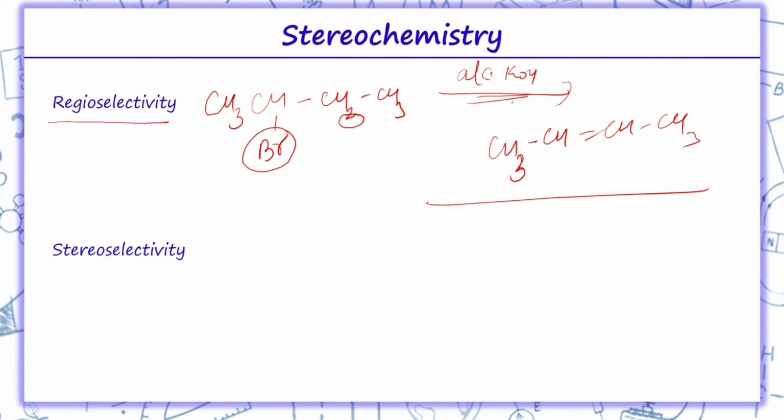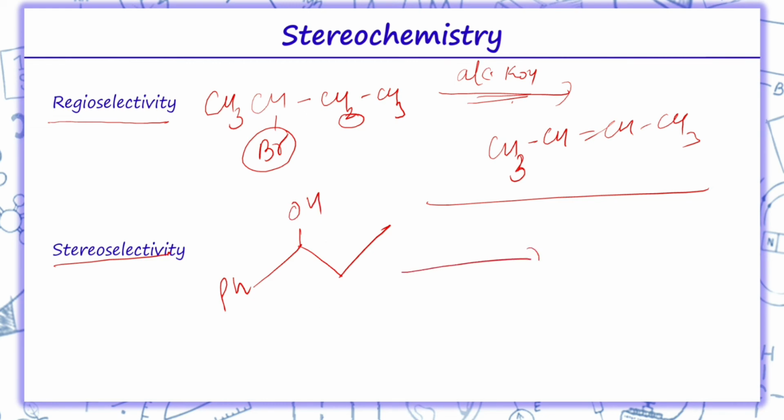Coming on to stereoselectivity. Stereoselectivity means the reaction gives one predominant product because the reaction pathway has a choice. Either the pathway of lower activation energy is preferred or the most stable product is preferred. For example, we have a compound like this. Here a phenyl group is attached to it, then an OH group.